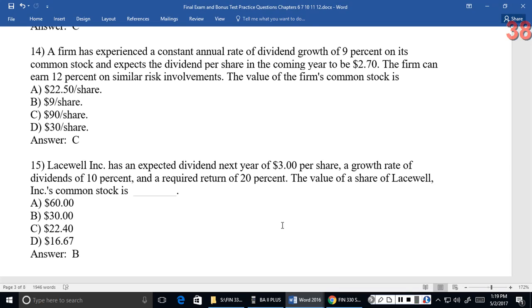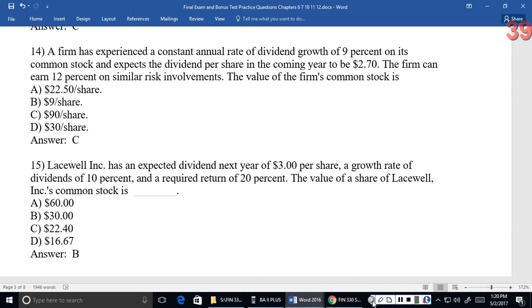The value of the firm's common stock is. So with number 14, this is a common stock valuation problem. The only thing you have to determine is the dividend D0, which was the last dividend to be paid, or D1, which is the next dividend to be paid. So when reading this, it tells me that in the coming year, they're going to pay a dividend of $2.70, so that would be D1. So we don't have to make any adjustments to this.